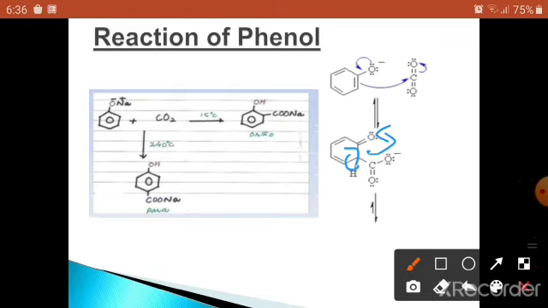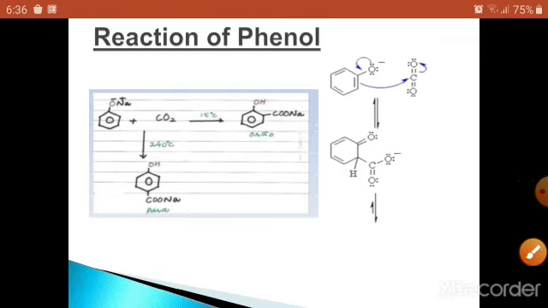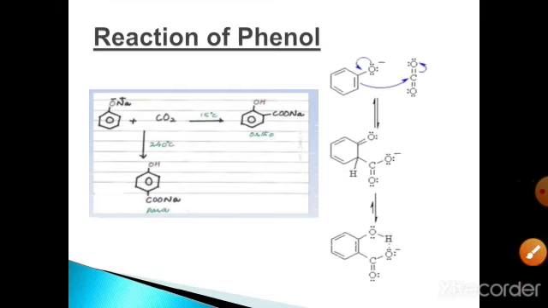This negative charge on the oxygen atom attracts the proton, which is released in the reaction mixture, and it is converted into hydroxybenzoic acid. The ortho salicylate isomer is obtained, and the negative charge attracts the sodium ion in the reaction mixture and is converted into sodium hydroxybenzoate or sodium salicylate.